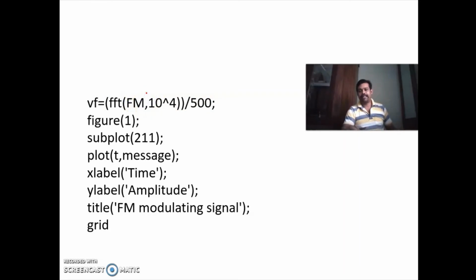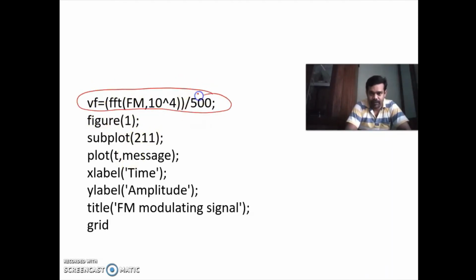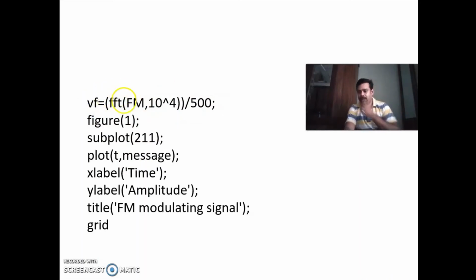You know that if you take the FFT of a signal, then it will give the frequency information. After finding the VF, in order to find the spectrum, we are going for figure 1.